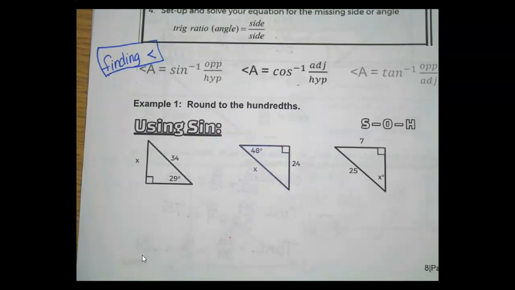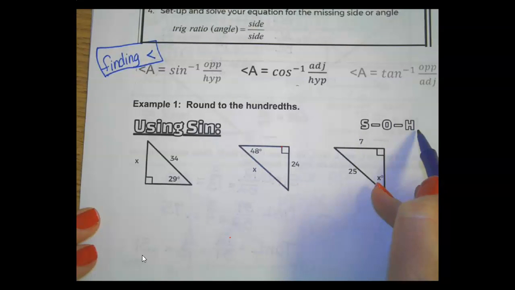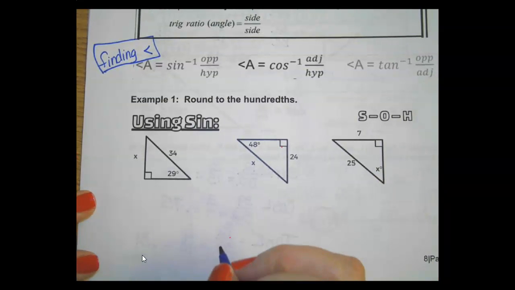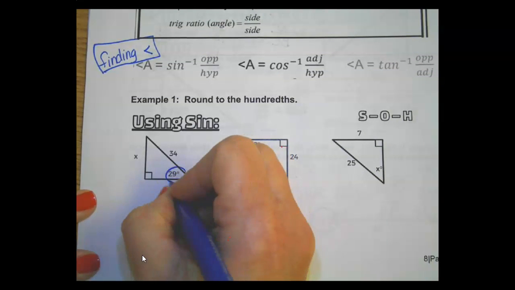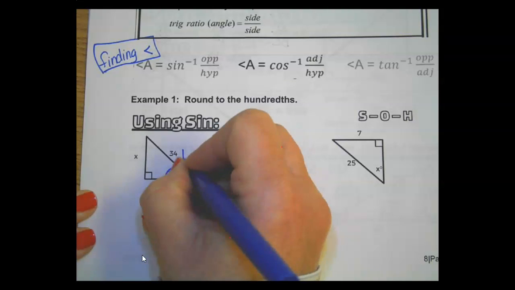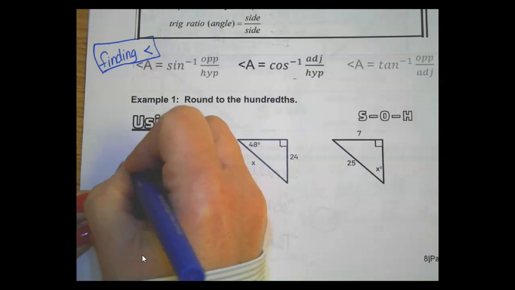And this is the SOH. So this is supposed to help us to go opposite. Sine is opposite over hypotenuse. Okay. So we're given this angle, and we are given the hypotenuse and the opposite.